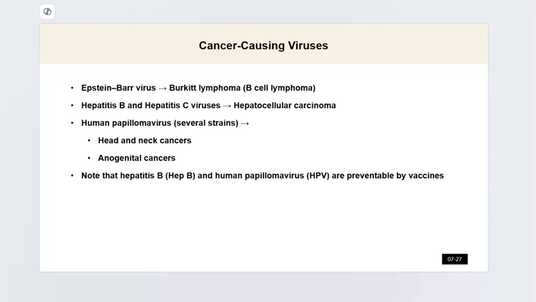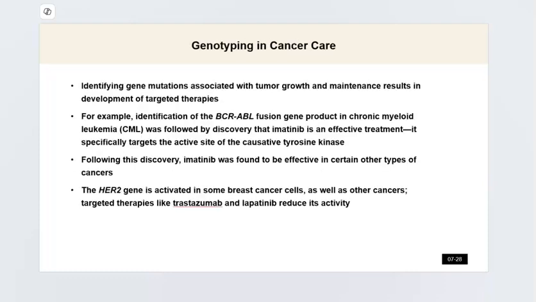So now we've kind of turned off the P53, and this is going to lead to uncontrolled cell proliferation and ultimately creation of cancer. We jump next into the idea of genotyping in cancer for diagnosis and treatment.